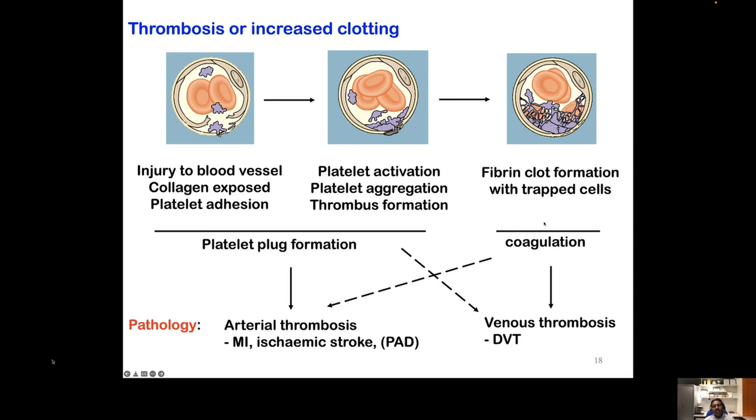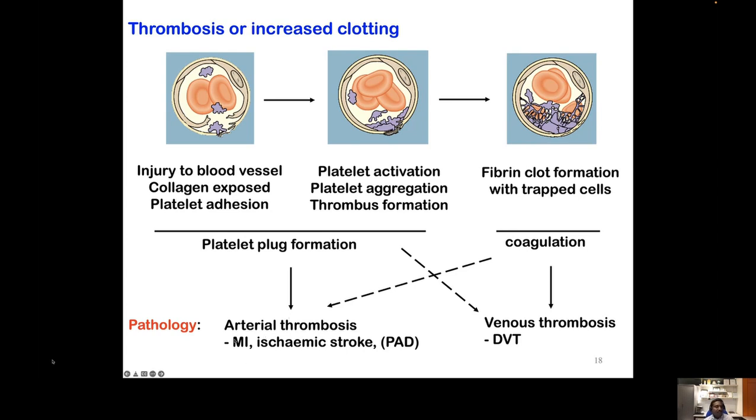If you look at venous thrombosis, coagulation will play a major role and the platelets will play a minimal role. You need to understand the difference. In arteries, thrombosis is mainly driven by platelets. In veins, thrombosis is mainly driven by coagulation cascades.